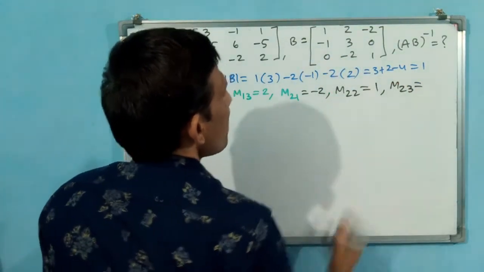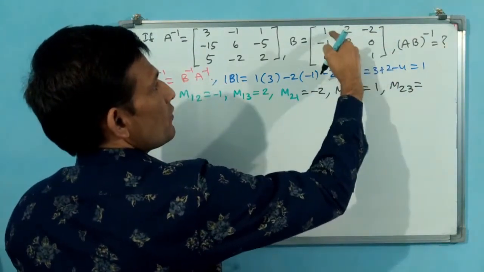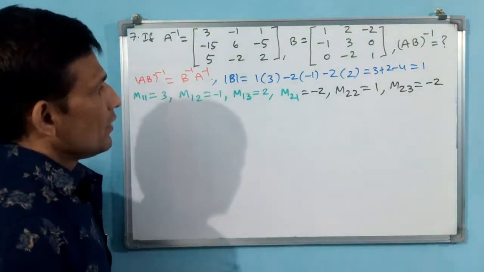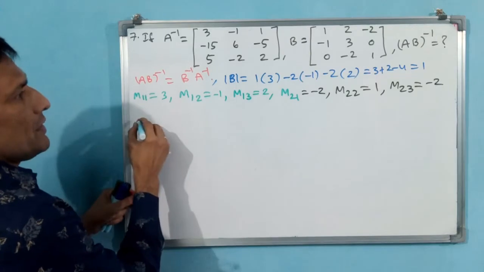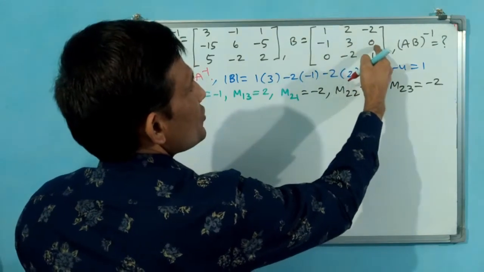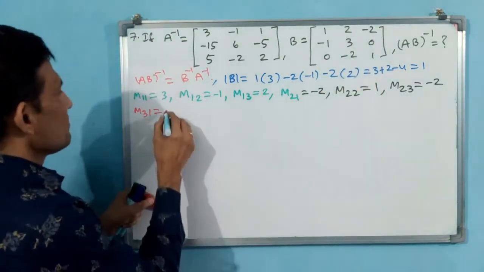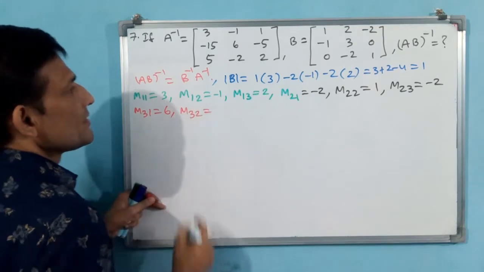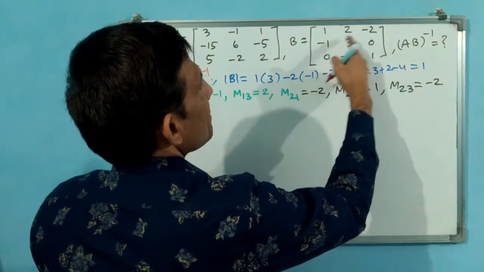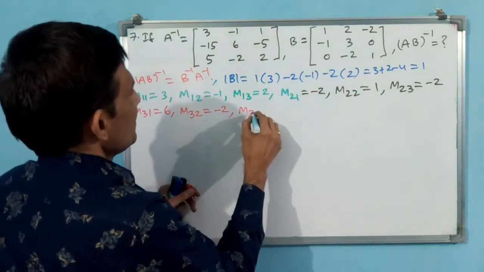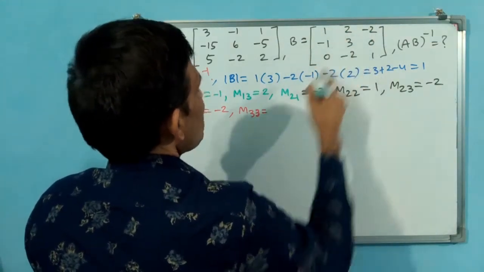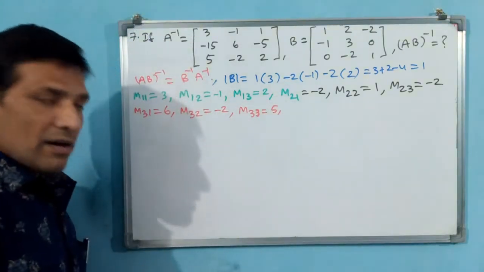M23, you are closing this 0, see minus 2, that's all, 0 minus 2. Okay, now you find M31, you are closing this 0, 0 minus of minus, plus 6. Okay. M32, 0 minus 2, minus 2. M33. Is it 3 plus 2? 5. Okay.